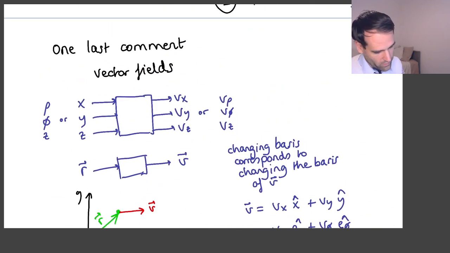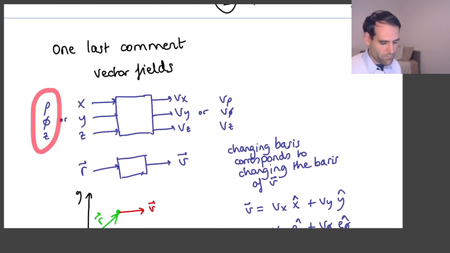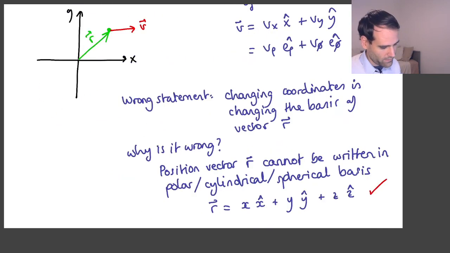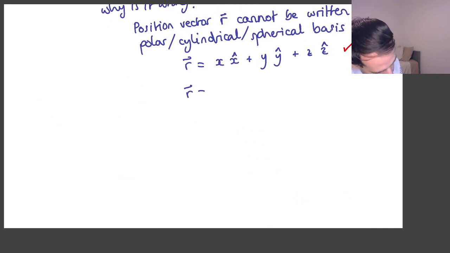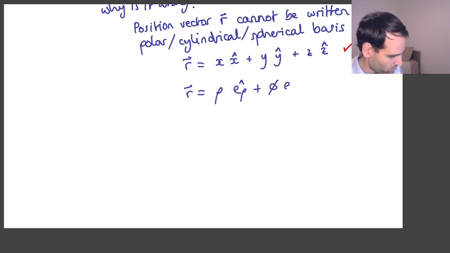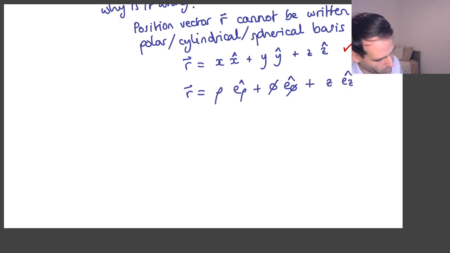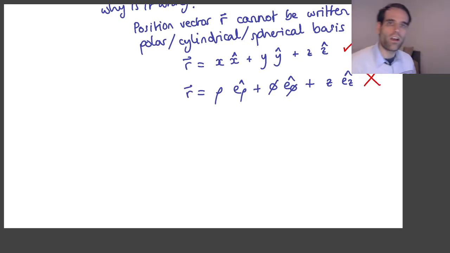Okay, so this is correct. Now you say, okay, when I write it using these three numbers, I'm just writing the position vector as rho times e rho hat plus phi times e phi hat plus z times e z hat, and this is wrong. Why is it wrong?